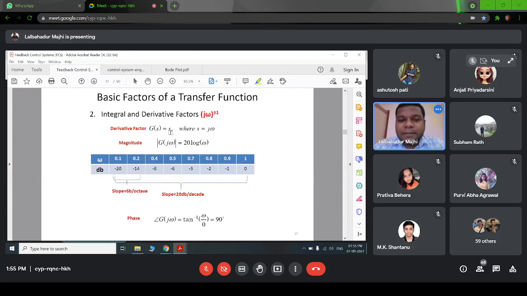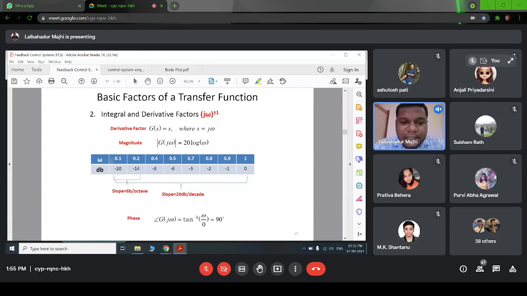Okay, so the magnitude of G(j omega) will be 20 log of omega, right? Or we can say 20 log of the root of omega square plus 0 square. So we will get the magnitude as 20 log of omega. Now in frequency response, we have to vary the value of omega. If we put omega equal to 0, we will get minus infinity.